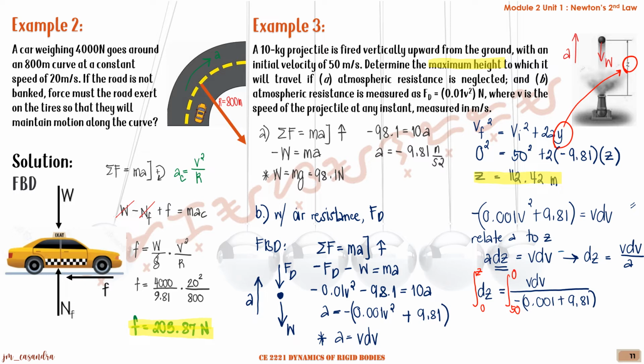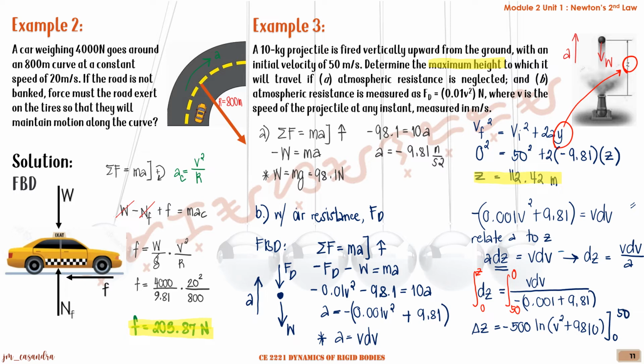So simplifying and integrating, we will arrive at delta z is equal to negative 500 ln of V squared plus 9810 from 0 to 50.